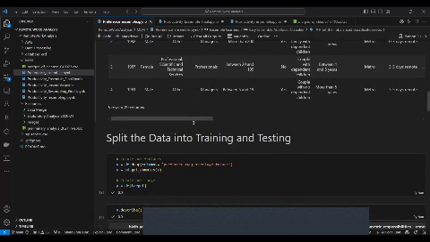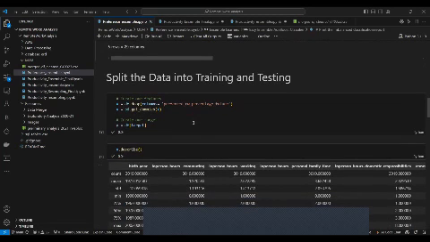Then we have divided the data set into two parts: training data set and testing data set. Since we are using a supervised machine learning algorithm, we'll use the training data set to train our machine learning algorithm. Then we'll use the testing part of the data set to test its accuracy upon unknown inputs. So we have done this here.